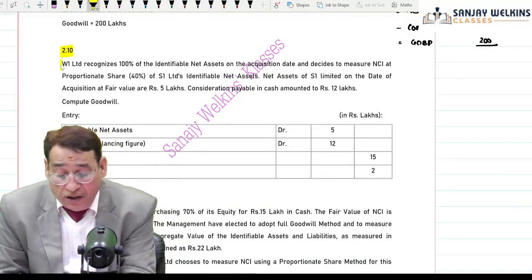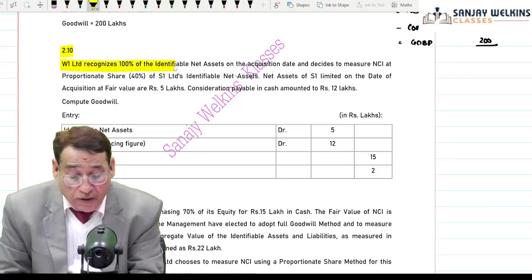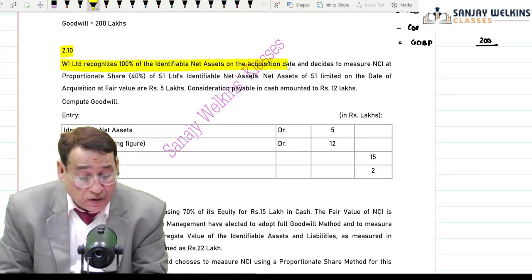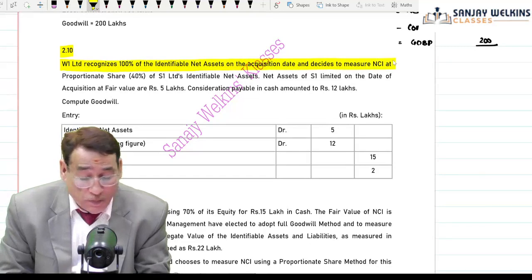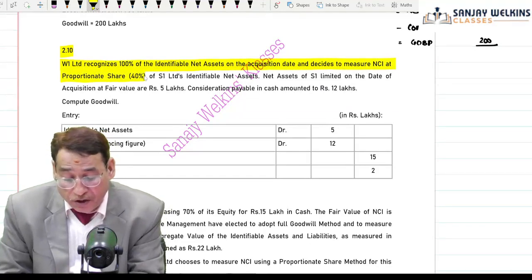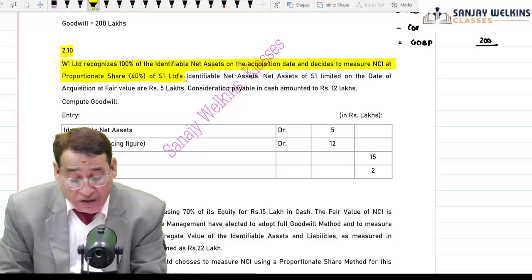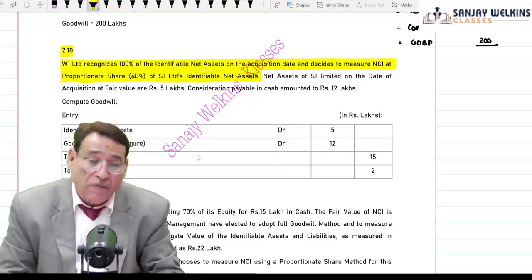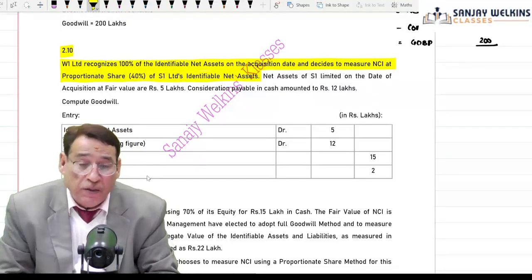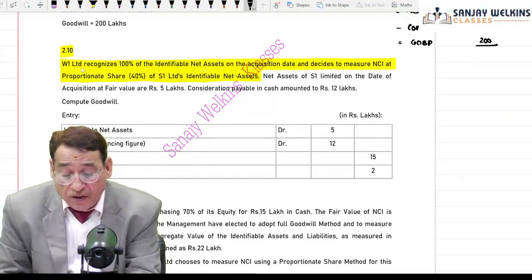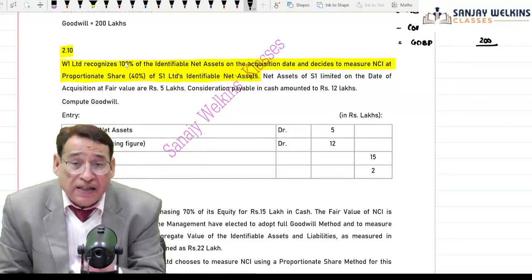2.10 W1 Limited recognizes 100% of identifiable net assets on the acquisition date and decides to measure NCI on proportionate share basis of S1 Limited's identifiable assets. What does it mean? It means W1 Limited recognizes 100%.